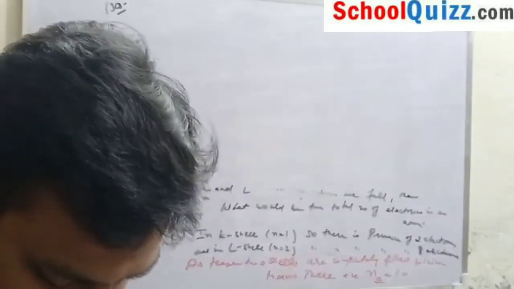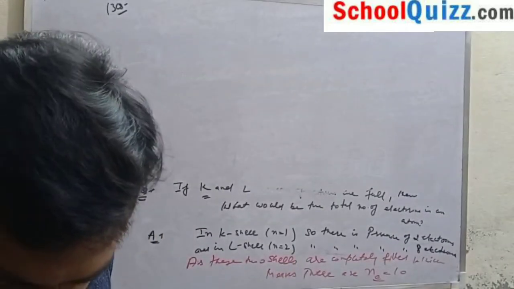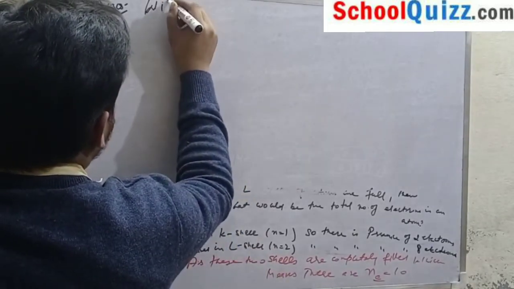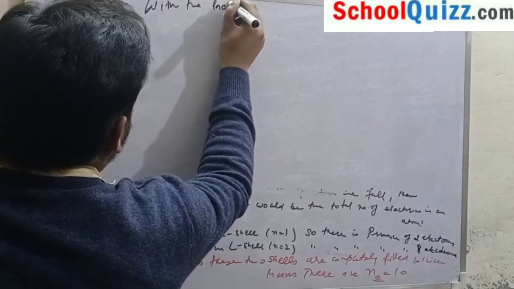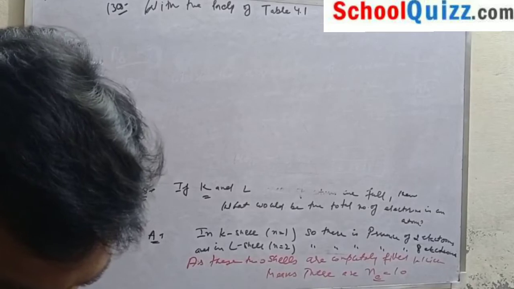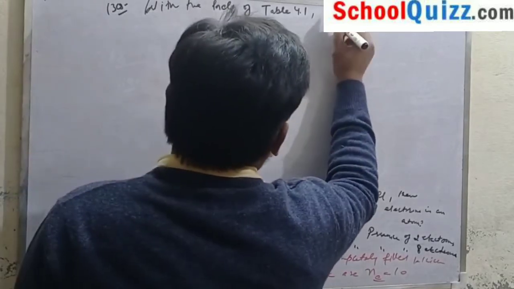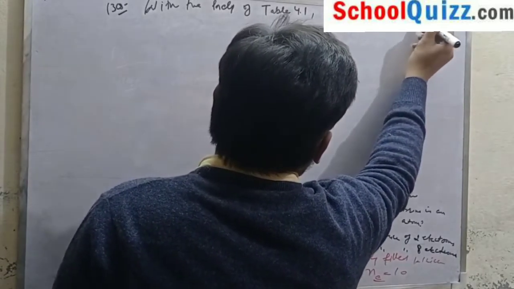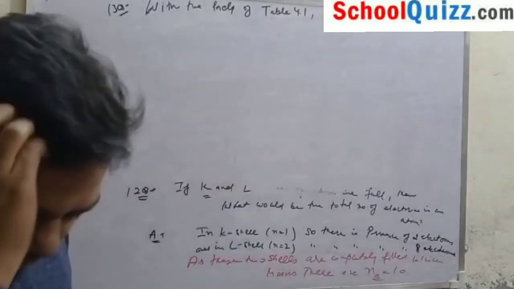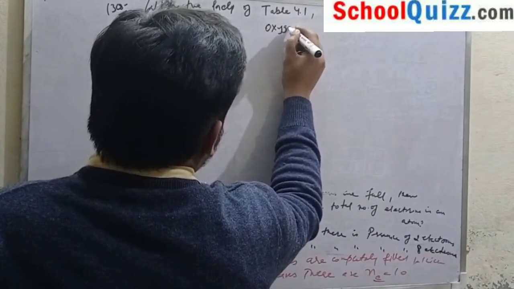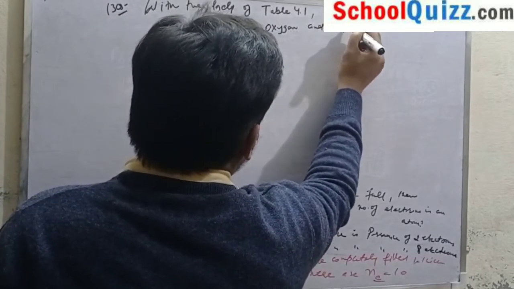With the help of table 4.1, a table given in your book, find out the mass number of oxygen and sulfur atoms.